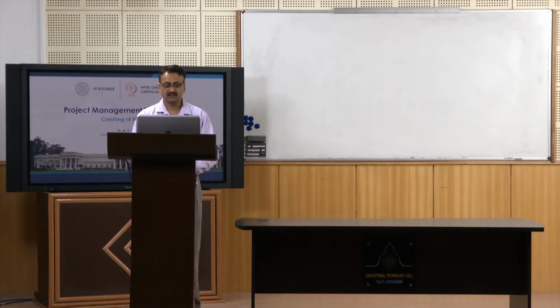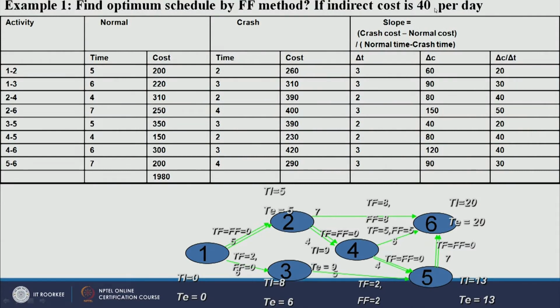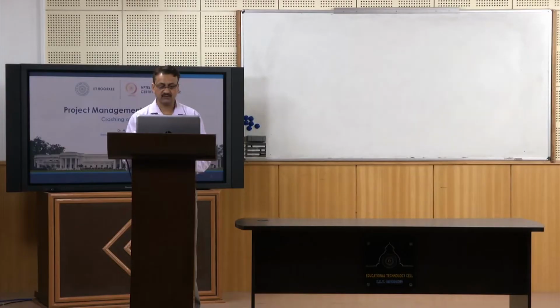So let's come back to this question. This is a question in which you have been given indirect cost as 40 rupees per day. So we have to find the optimum solution by the free float method, right? Let us start solving this question, and initially you have got a network like this. From this table we have prepared this project network, right?